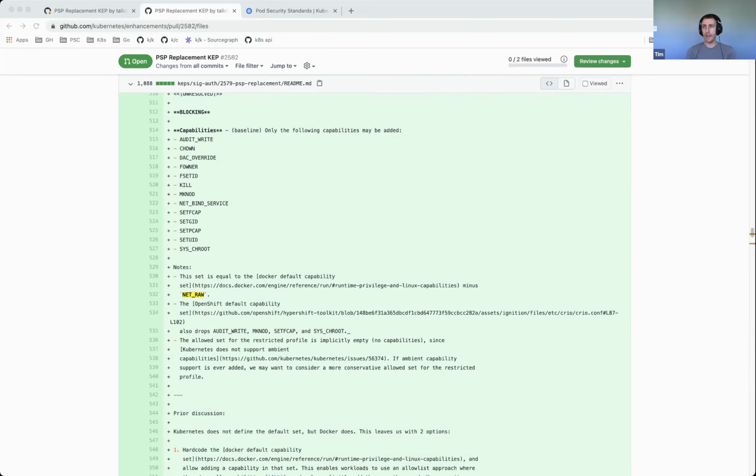Yeah. So again, going back to the ambient capabilities thing, I suppose technically a runtime could say the default set of capabilities is in the ambient set, but technically a runtime could do a lot of things.